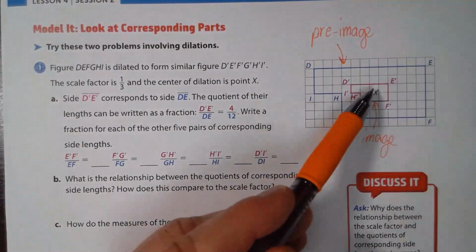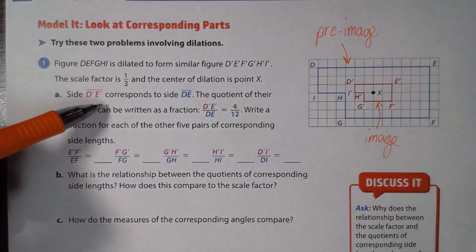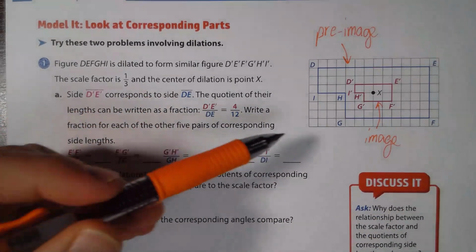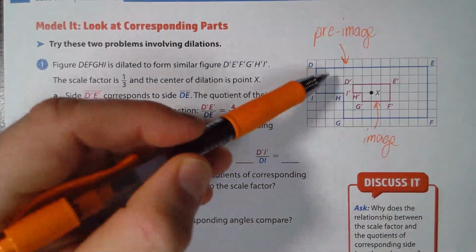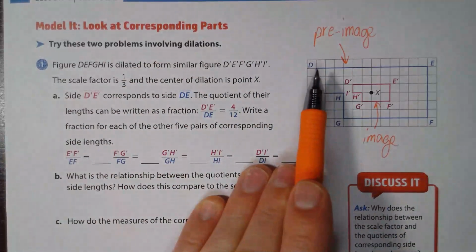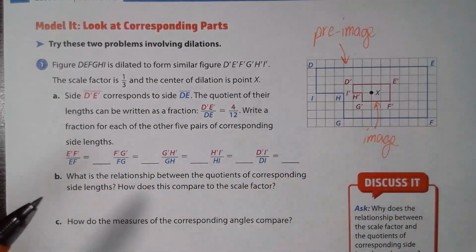Okay, so side D prime E prime corresponds to side DE. Well, that makes sense. This side goes with this side, right? And it just so happens that this is 1/3 of this, right? Because of our scale factor.